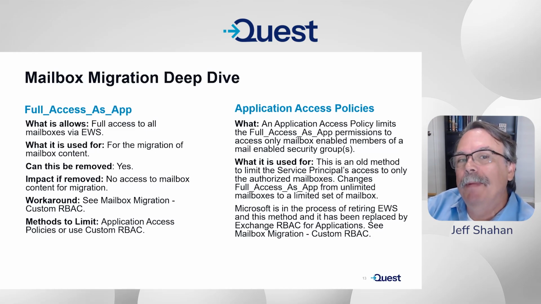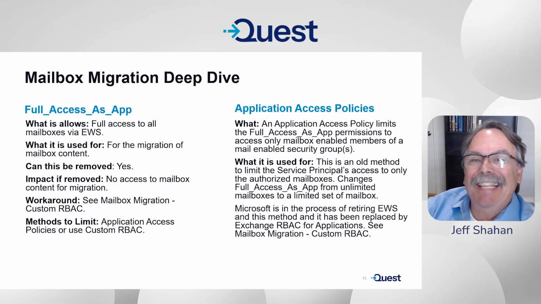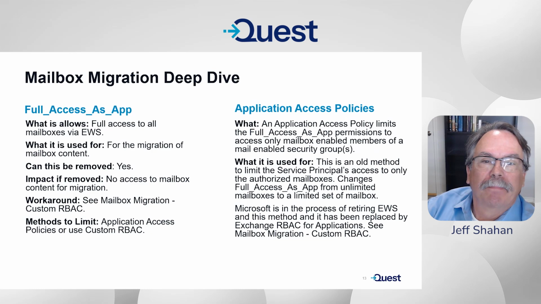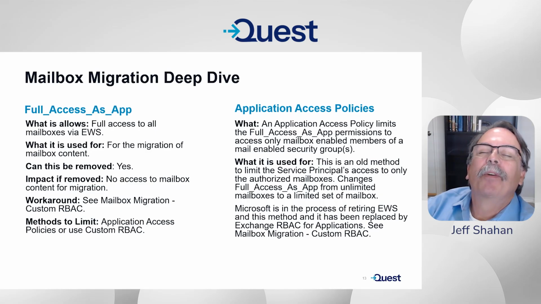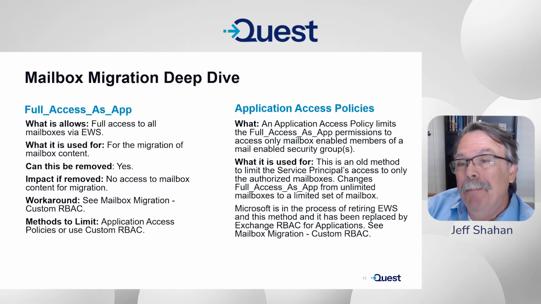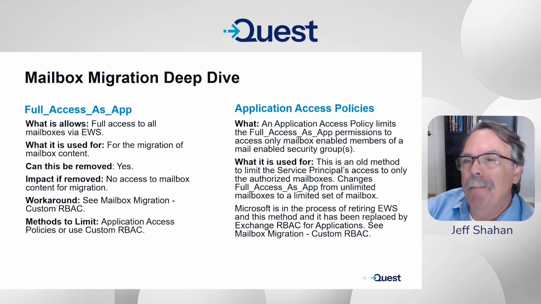And once you've implemented an application access policy, the application can't see any more mailboxes than what you've defined in those groups. You should know that Microsoft is retiring EWS access. We are actually leveraging EWS to do this, but not making native EWS calls. So when they retire, application access policies go away.